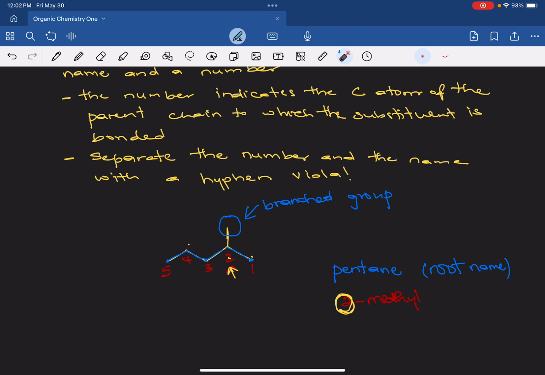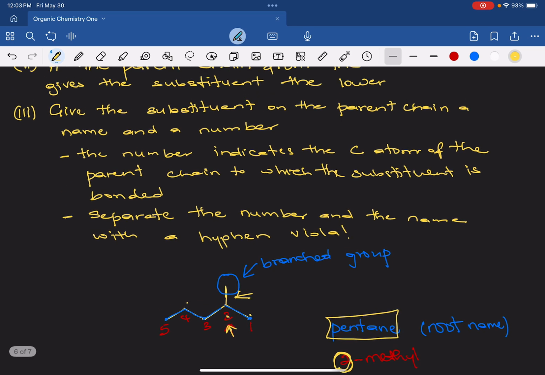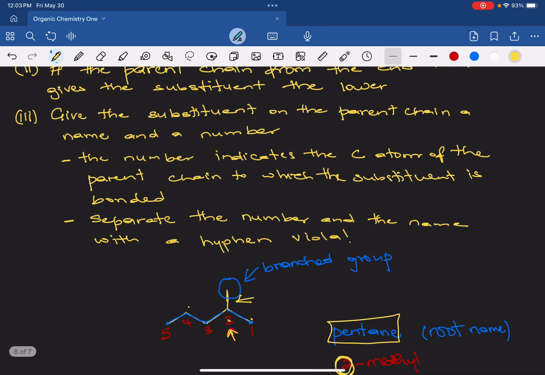Now, to complete the name, we already have your parent name from the longest chain of carbons, pentane. When you write your substituent, the substituent must be given a number, and that's rule number 3. That number locates the substituent in the parent chain, telling you which carbon it is on.